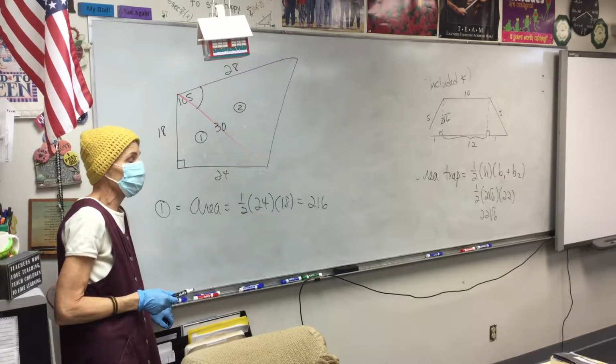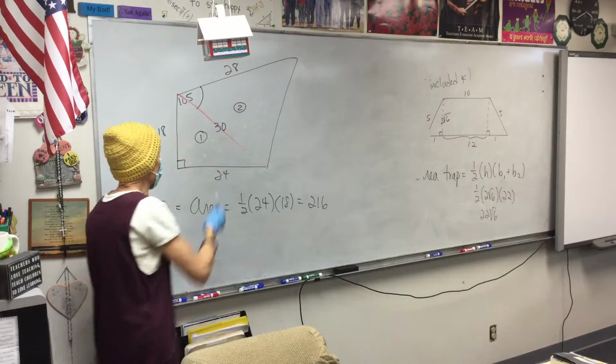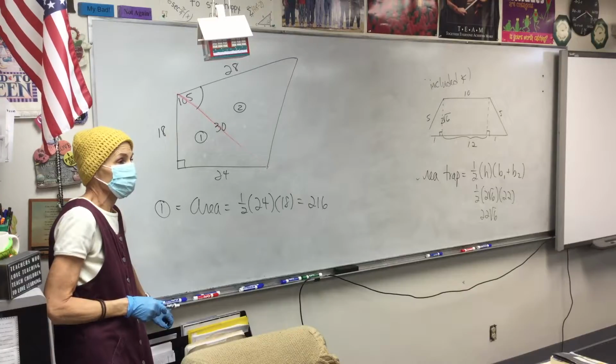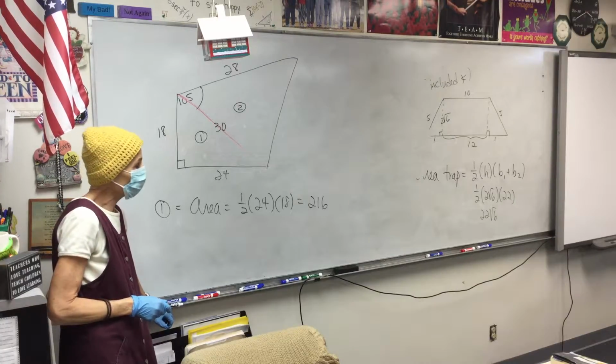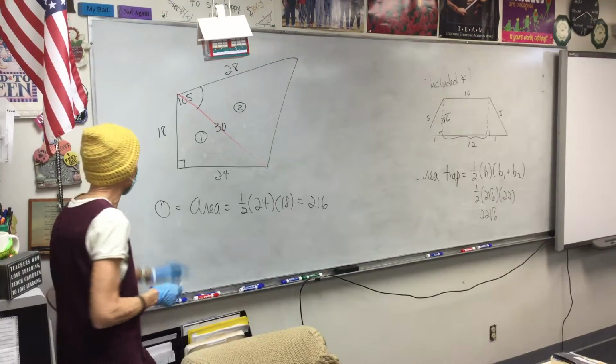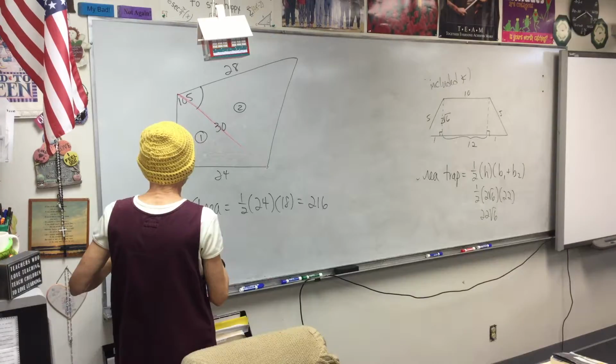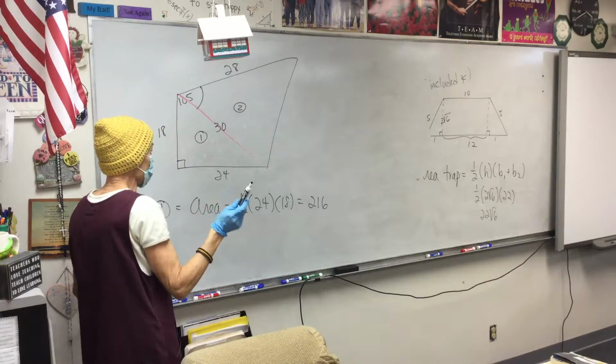So how in the world am I going to figure out what that angle is? Grace? Oh no, go ahead. I bet you have a good thought. Could you do sine of 24 over 30 to figure out what it was? Okay, you are on the right track.